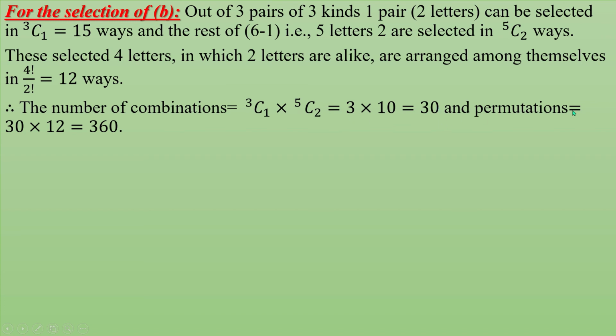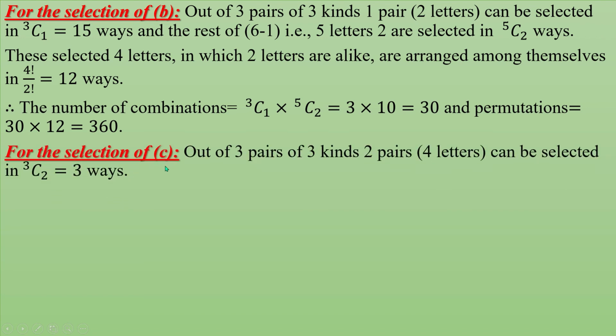And permutations will be combination into r factorial. r means 4, so 4 factorial divided by 2 factorial, which equals 12, because two letters are alike of the same kind. So 30 into 12 is equal to 360.